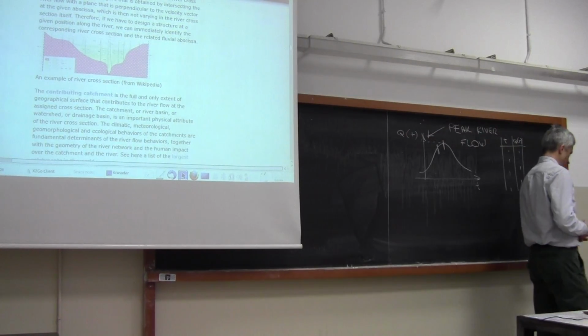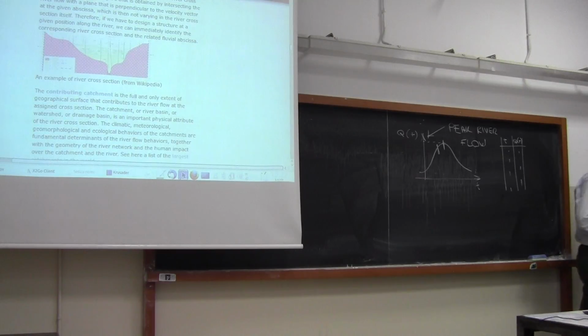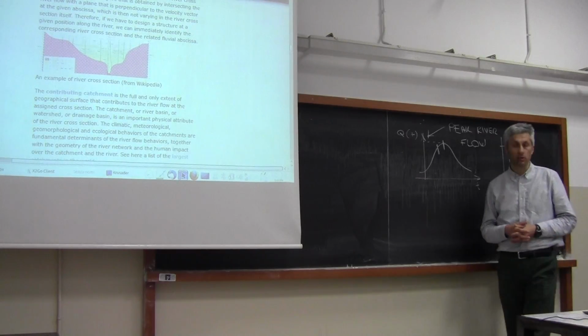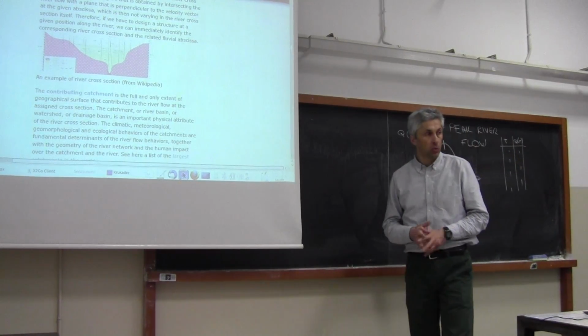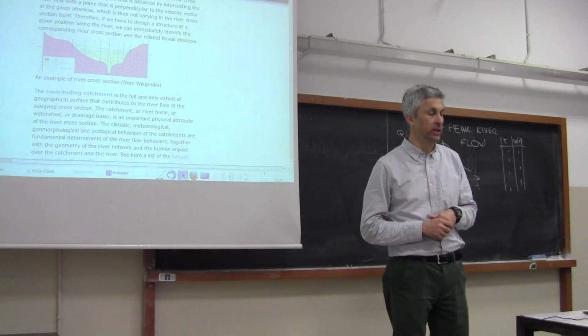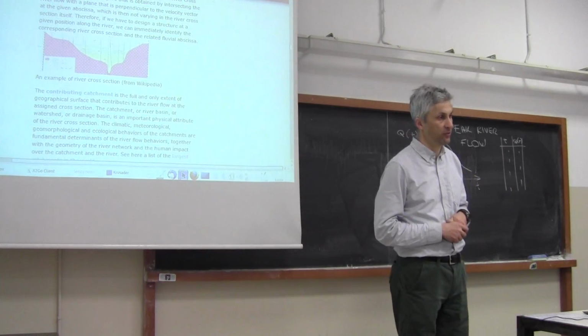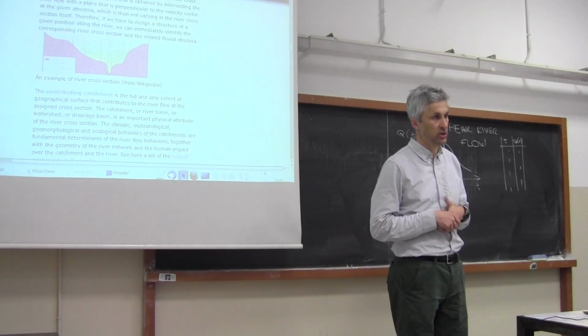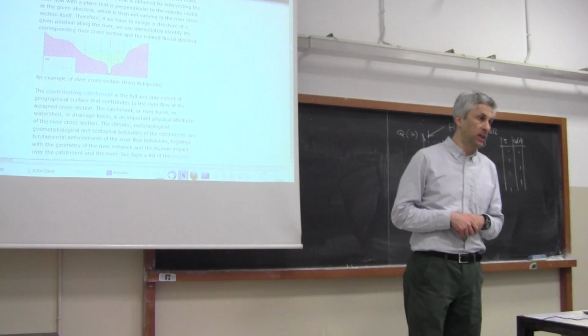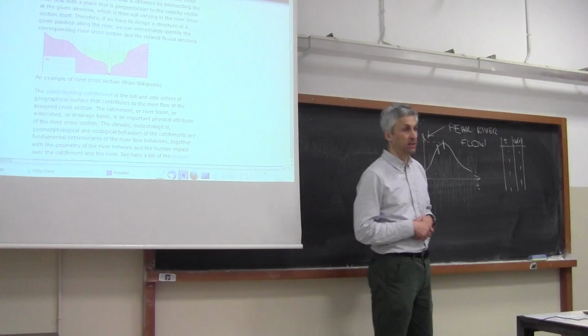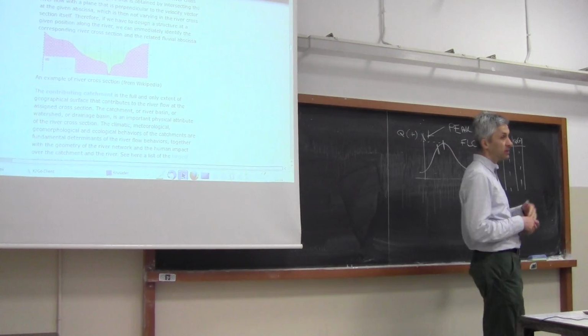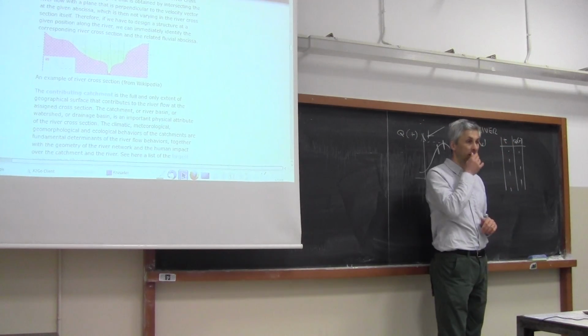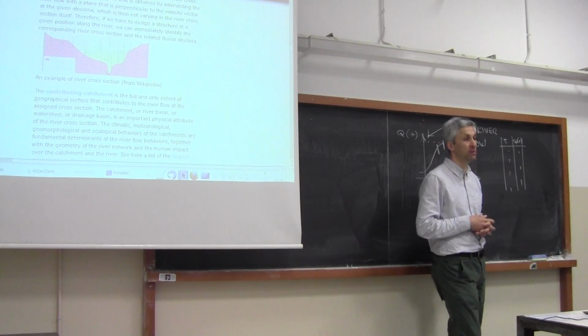So when you listen about a prismatic channel, you know what it means. You know that one survey of the river cross-section is enough to define the channel geometry. In most of the cases, you will deal with non-prismatic channels, and therefore you will need a lot of cross-sections. And your question may be, how many?